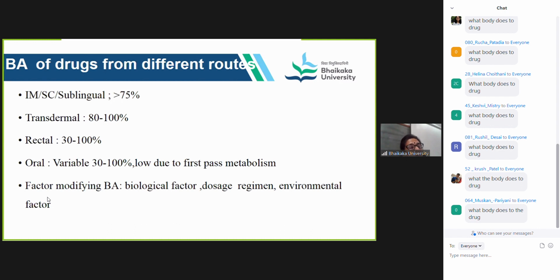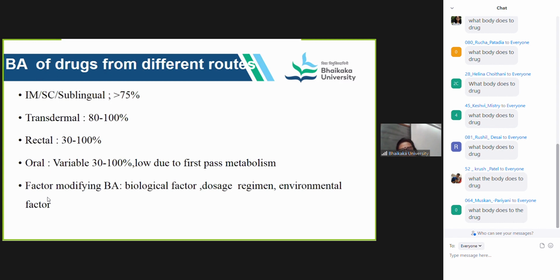See, there are different bioavailabilities from different routes. I told you IV has 100% bioavailability. If a drug is given via intramuscular, subcutaneous or sublingual, bioavailability will be a little less, more than 75% but not 100%. If it is given by transdermal, it varies.